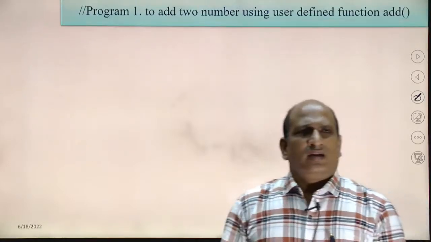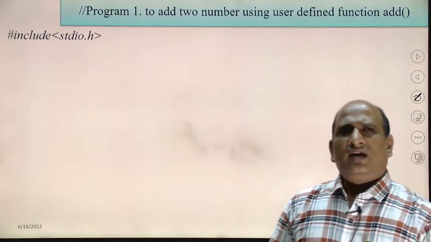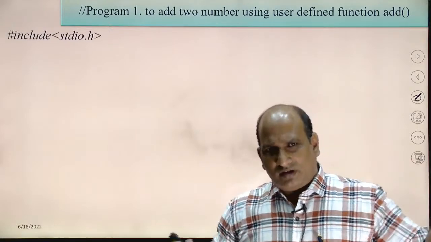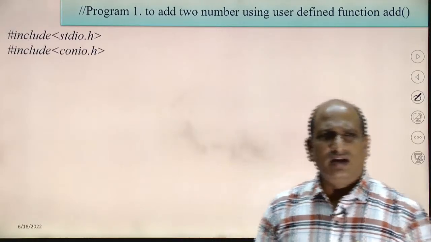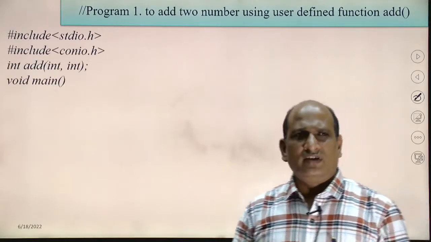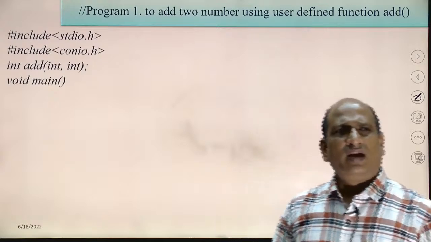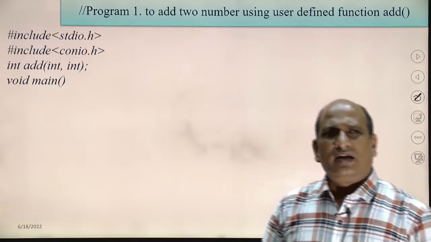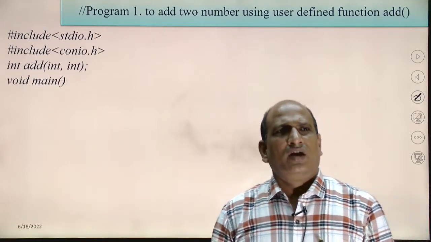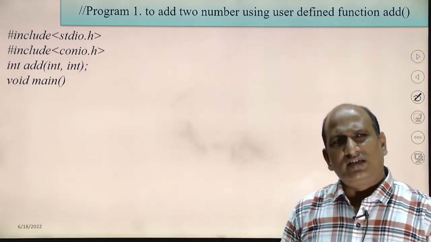Okay. Now here I have a summary of all these three concepts: function declaration, function calling, and function definition. Here first we have declared a function add that will take some integer type values and it will return some integer type value.